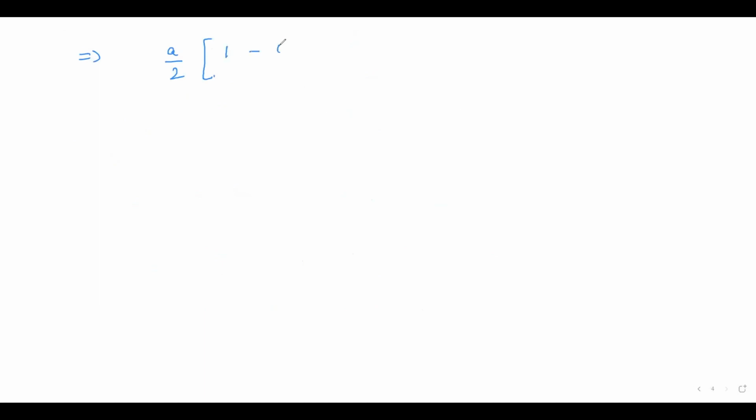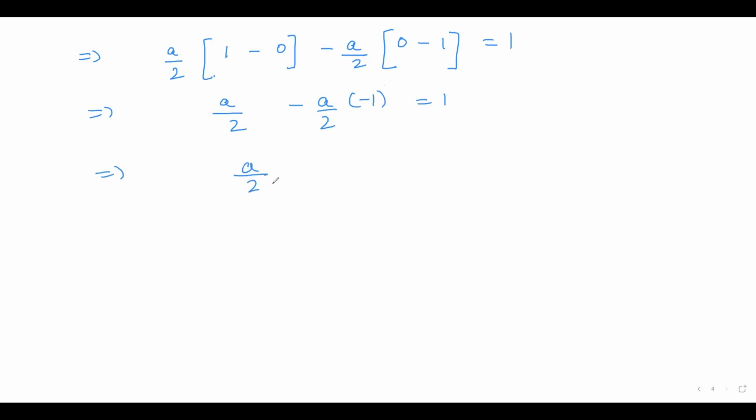E raised to the power minus infinity is 0. 0 again. I'll get the final answer: A upon 2 plus A upon 2 equal to 1. That means the value of A is equal to 1.